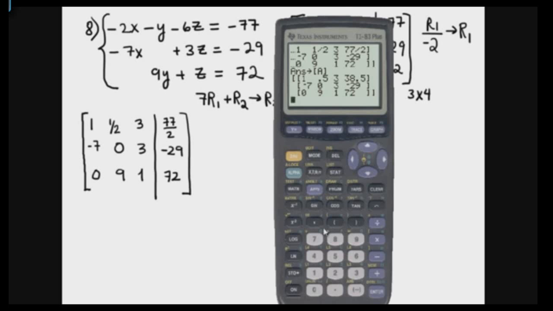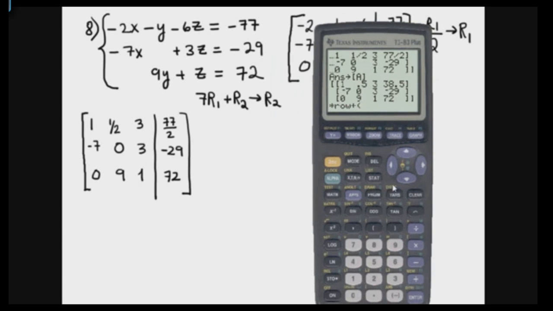Okay. And in the graphic calculator, I go to math. Remember the option B is after row plus. After row plus, so the factor is 7 positive, comma A matrix, comma 1, comma 2.